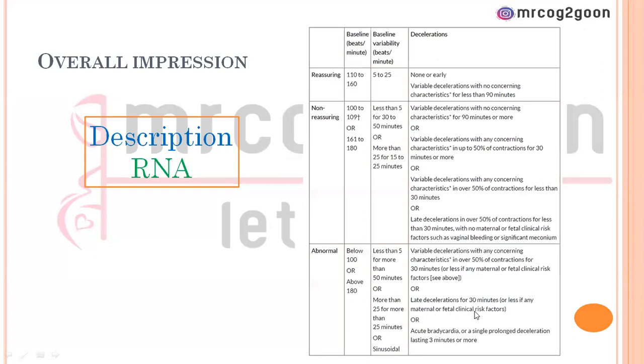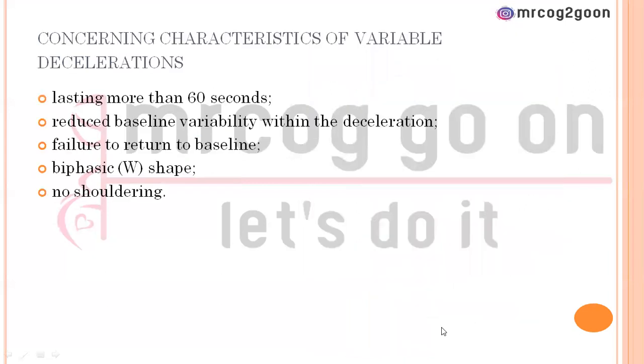Late deceleration for 30 minutes: once late deceleration reaches 30 minutes, it's abnormal. Or acute bradycardia or a single prolonged deceleration of more than 30 minutes.